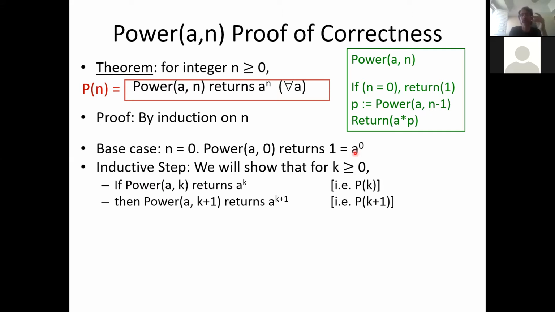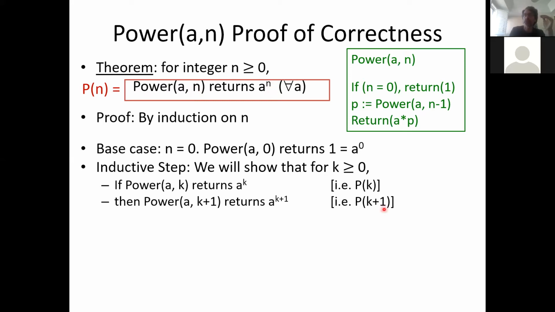Okay, so now the inductive step. What are you proving? You're proving that for any k at least 0, if the predicate holds on k, then it holds on k plus 1. That's the inductive proof. What's the predicate at k? The predicate at k is that the power algorithm, when invoked with n equal to k, returns a to the k.